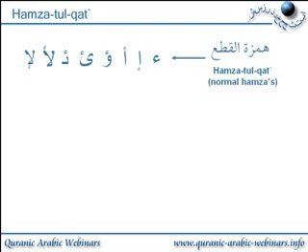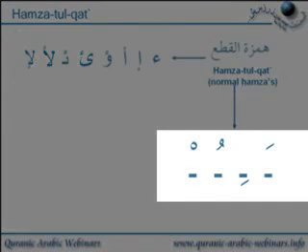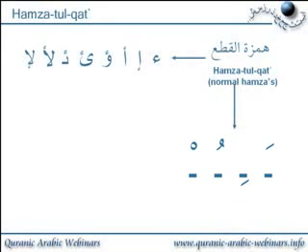So the normal Hamzas then. First thing to note, all of these normal Hamzas can carry Fatha, Kasra, Dhamma, Sukun. They can also carry the, well, in some cases they can carry the Tanween, especially the Hamza on its own. The main thing to note here is the normal Hamzas can carry the vowel sounds and they can be silent.